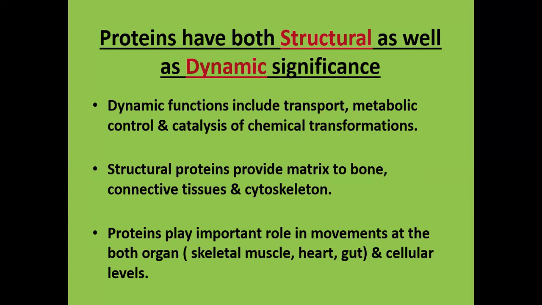As you know, the three macronutrients, that is carbohydrates, proteins, and lipids, are organic compounds. They consist of carbon, hydrogen, and oxygen. But in proteins, there is also additional nitrogen. That is, 16% of the protein is nitrogen. Therefore, proteins are called nitrogenous organic compounds.